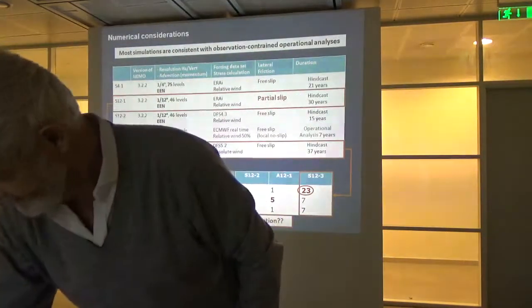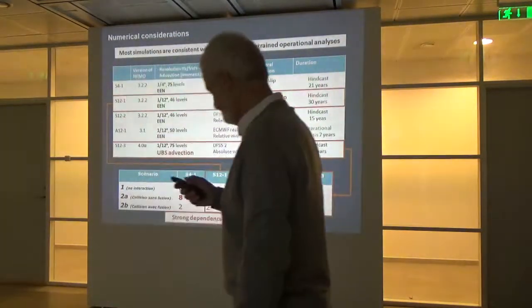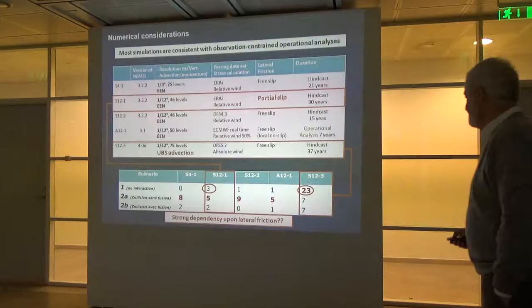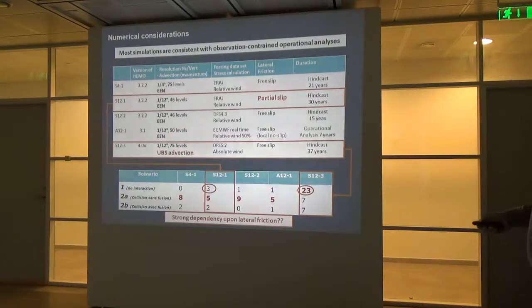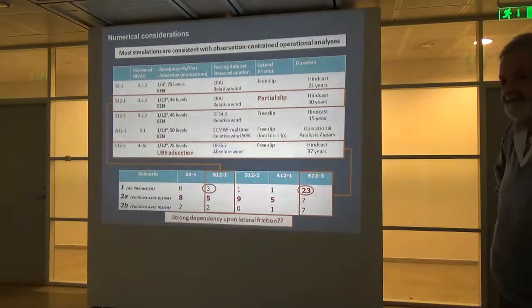But Bernard, could you explain? You see that 23 is a big number, which means that you're counting events. Yeah, but I look at only the last 10 years of those models. So there is a bias that you have to consider. But why does this one have more events in total? Because 23 plus 7 plus 7 is 37, and it is very much more than any other if you add them up.